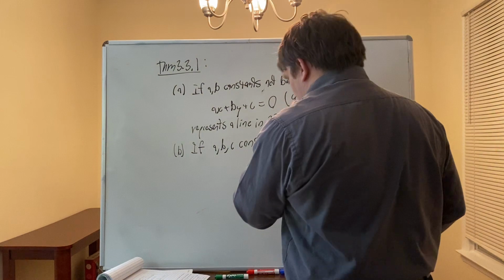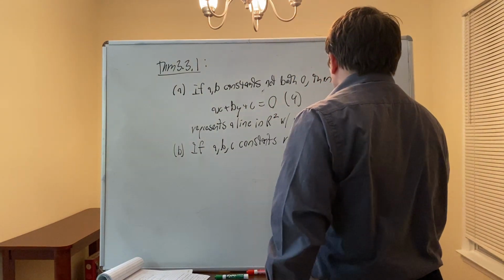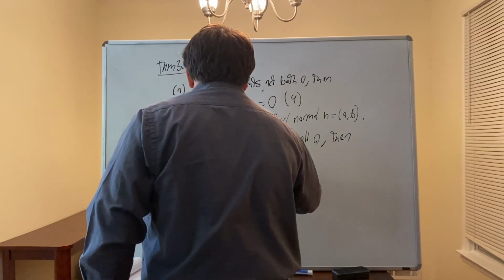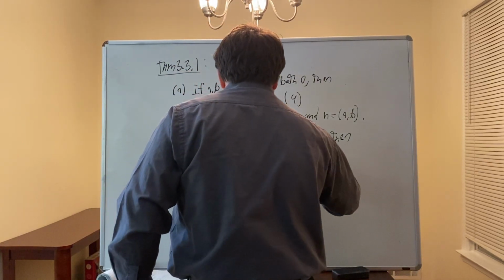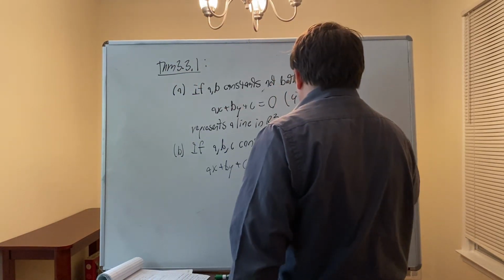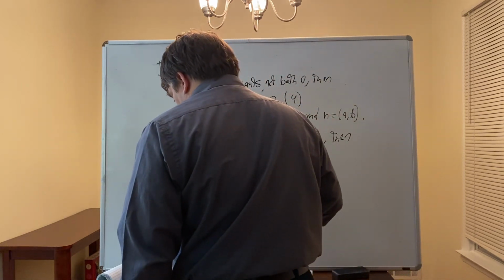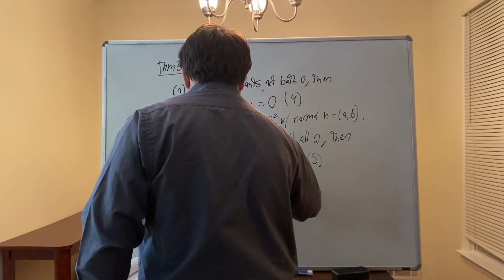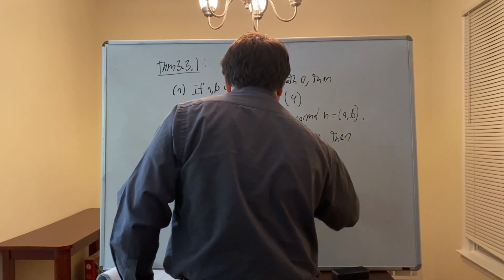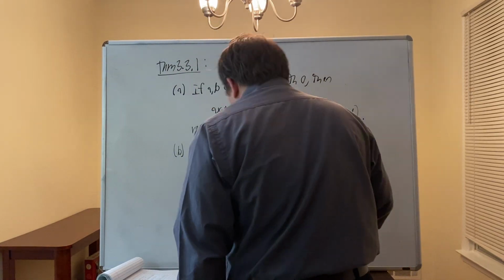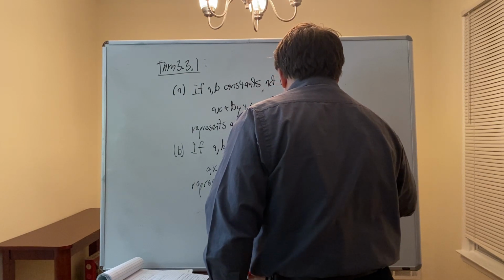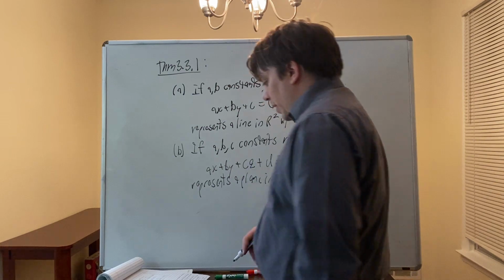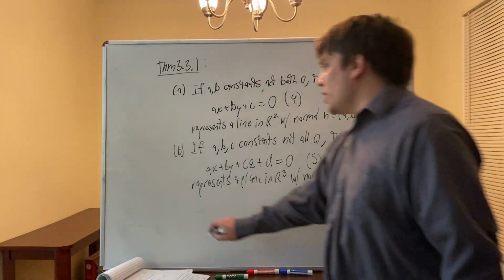So if A, B, and C are constants not all 0, then ax plus by plus cz plus d is equal to 0, that's equation 5, represents a plane in R3 with normal n equals (a, b, c). Okay? So that's theorem 3.3.1.